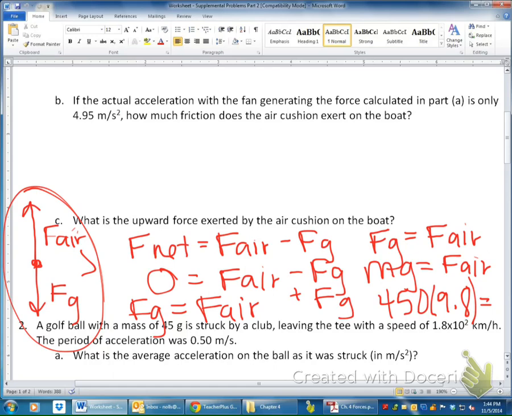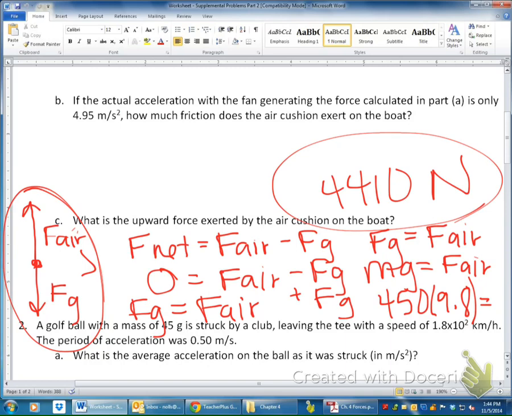That's all you do? 4,410 newtons. Okay? So we know that 9.8 is the acceleration. Yeah, that's gravity. When it's vertical, that gravity's got to be 9.8.